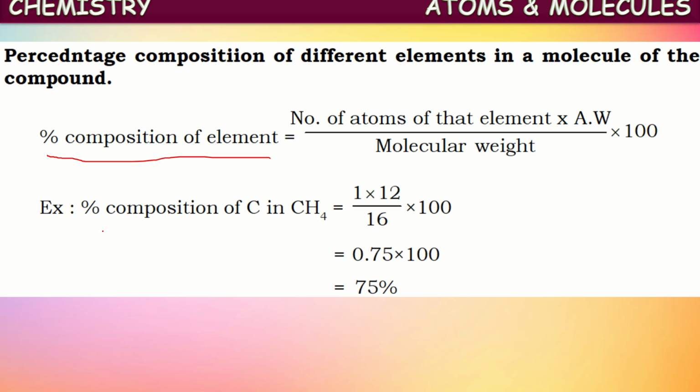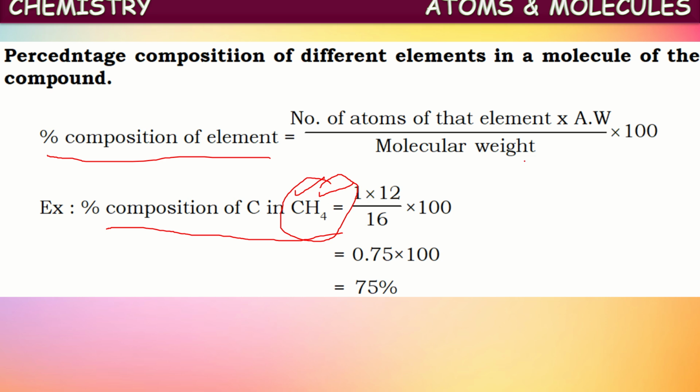Okay, example. If we see the example, we get it. Percentage composition of carbon in CH4. In CH4 two elements are there, hydrogen and carbon. So what amount of carbon is there and what amount of hydrogen is there? We need to find that out. For carbon we are finding the percentage composition. So the percentage composition of carbon in the CH4 molecule is equal to number of atoms of that element. For carbon we are finding, so we need to take the number of atoms of carbon here. How many carbons are there? 1.